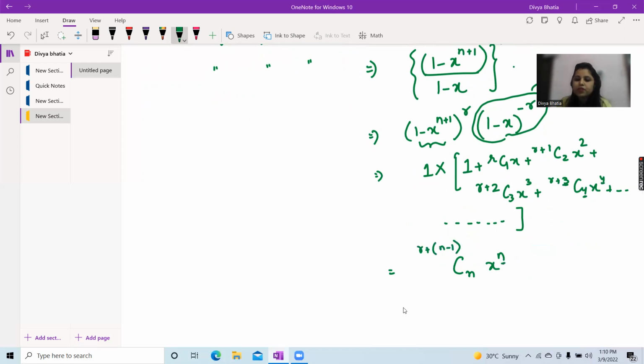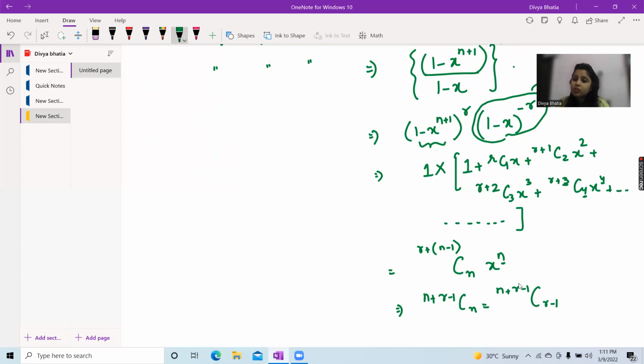So the coefficient of x to the power n will be n plus r minus 1 cn, which is also equal to n plus r minus 1 c r minus 1 using the properties of binomial coefficient. This will also be the number of ways in which we can put n identical things in r distinct boxes.